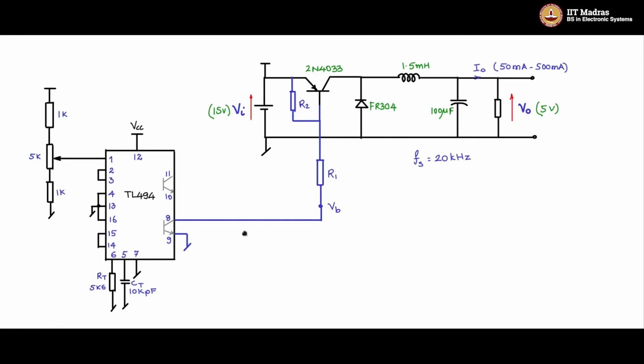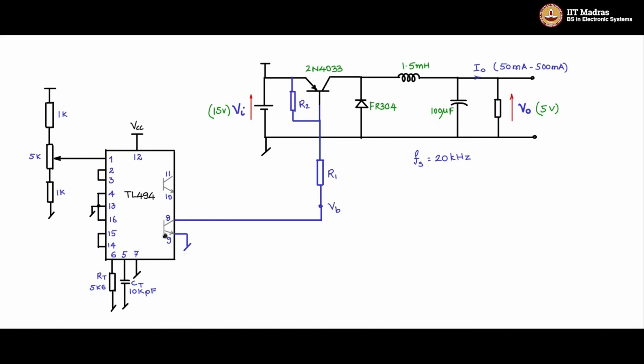Now this is an open loop control of buck converter and it can operate as designed. R1 and R2, you know how to design it. We just saw while designing this PNP base drive. So how does it operate internally?